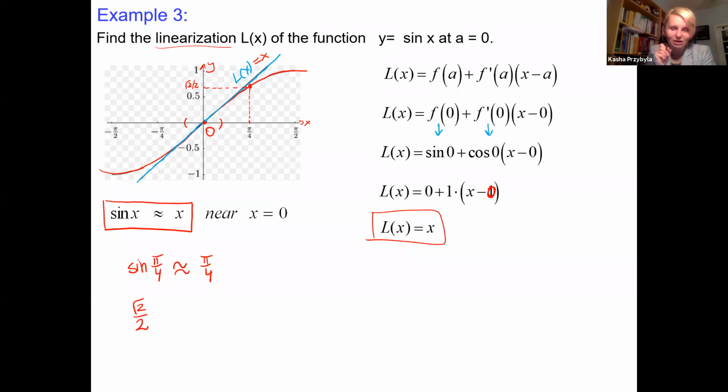Can you use the calculator for me and get the decimal? Can you divide square root of 2 by 2? That will be 1.4 divided by 2, 0.7, 0.707.